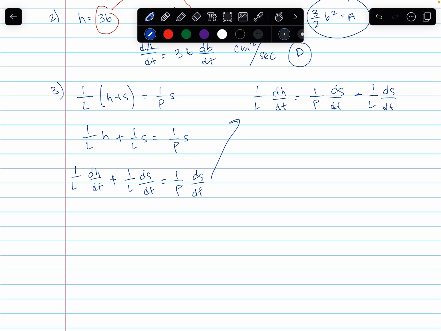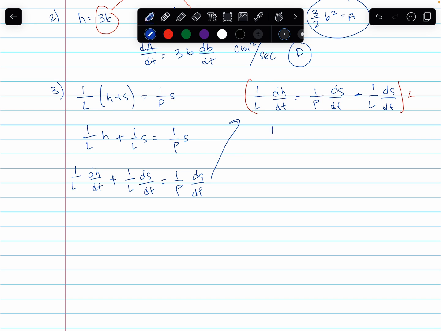I think what we were going to want to do is factor out the ds/dt. No. I'm looking at these answers and I don't think that's what they do. But what we can do is, because we don't want the L here because they're solving for it, I can multiply everything by L.